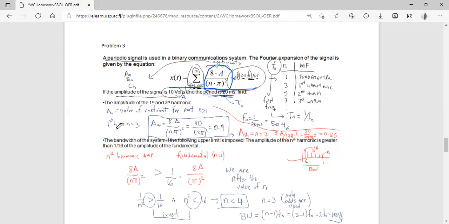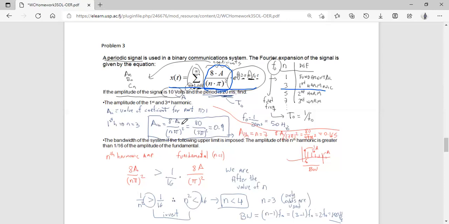My first harmonic will occur at n equal to 3, from this table. So to find the amplitude of the first harmonic, in place of n, substitute 3. The amplitude of the first harmonic is 8 times A, where A is the amplitude of the signal, 10 volts.